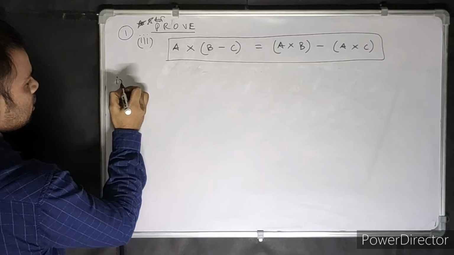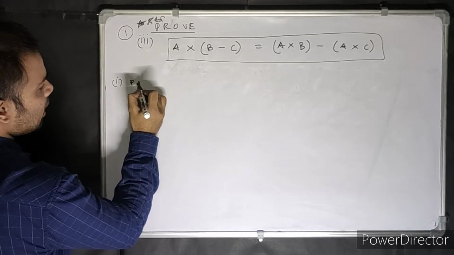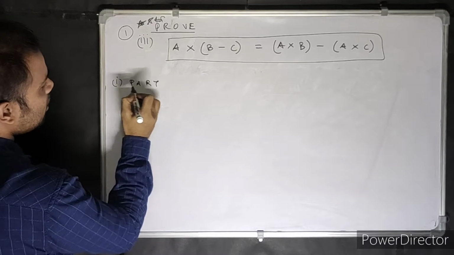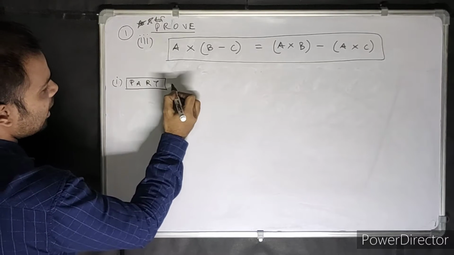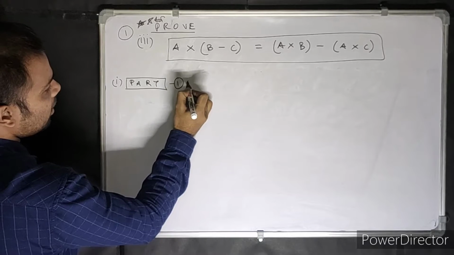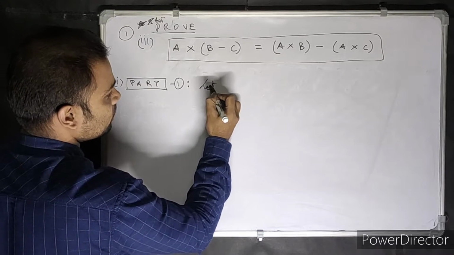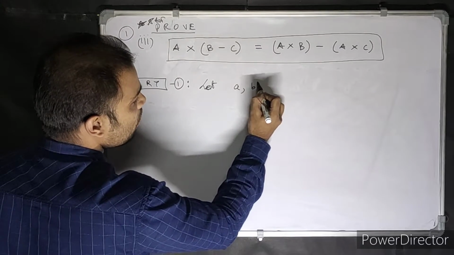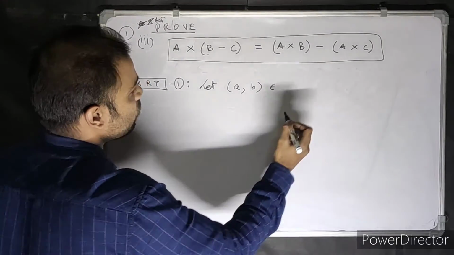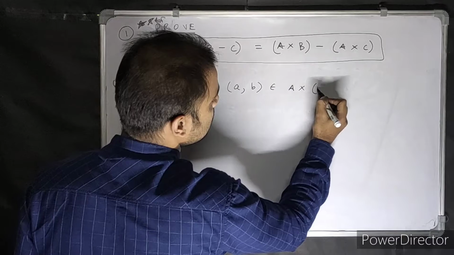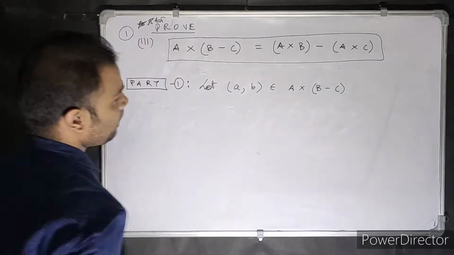This is part 1 or case 1. Write whatever you want to write. Let (a, b) belong to A cross (B minus C).